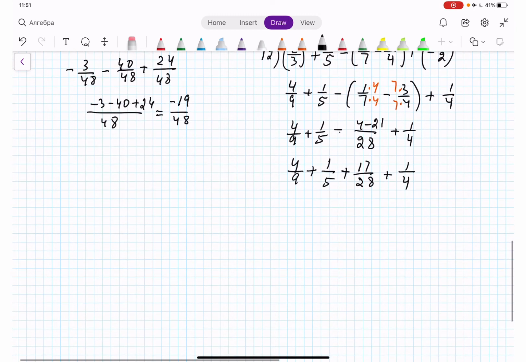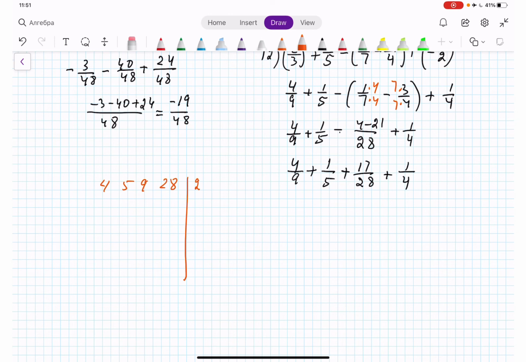We have all types of numbers here: 9, 5, 28, 4. Let's find the common denominator. Starting with the small one, 4, 5, 9, 28. Look how easy it is to find. 4, I can divide by 2. Why am I not dividing by 4 right away? Because I have 5, 9, 28 that might be divisible by 2.